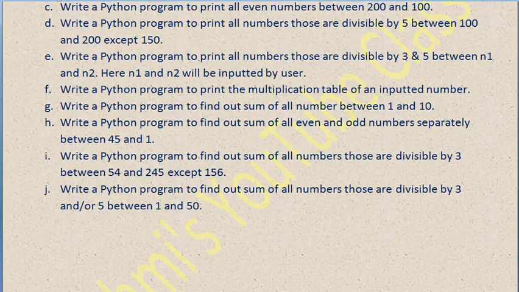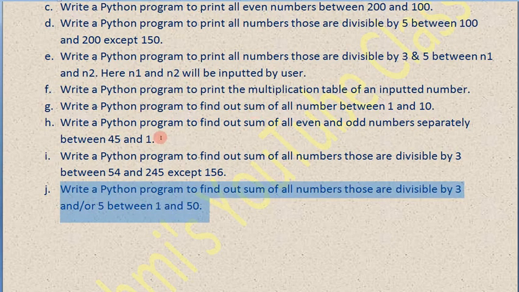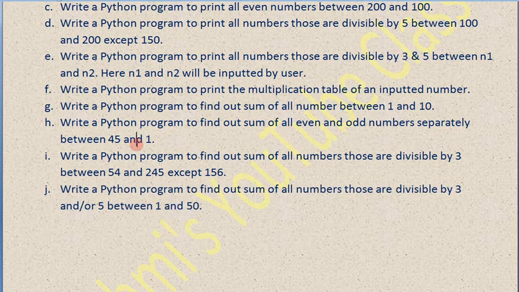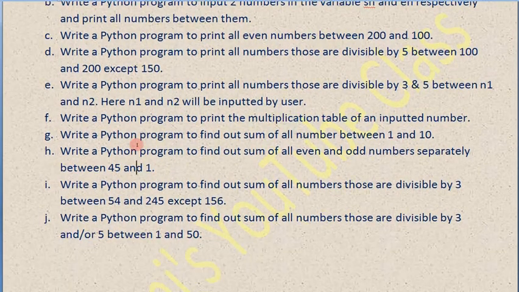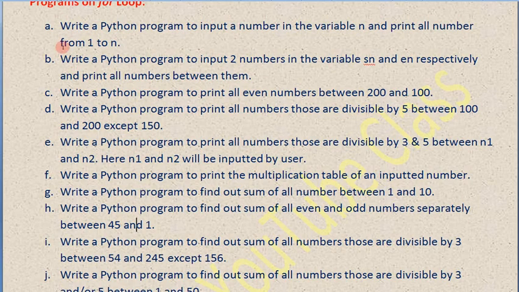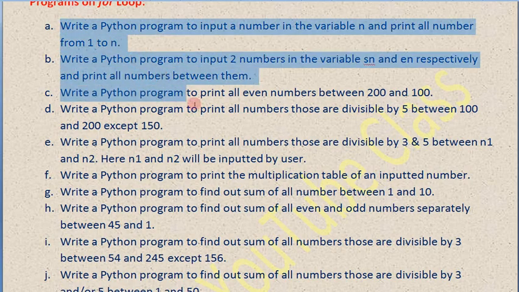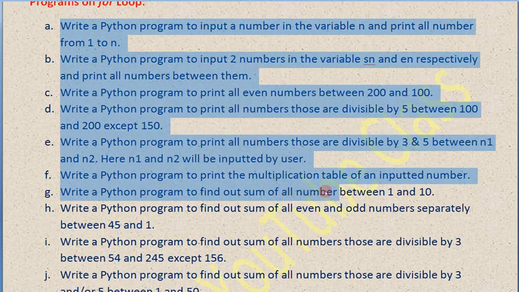In the above videos I made 2 videos to explain all these 10 programs. In the first 6 programs I explained how the numbers can be printed in reverse order, in ascending order, by accepting the numbers, even numbers, odd numbers.